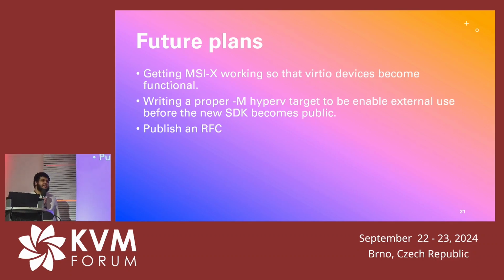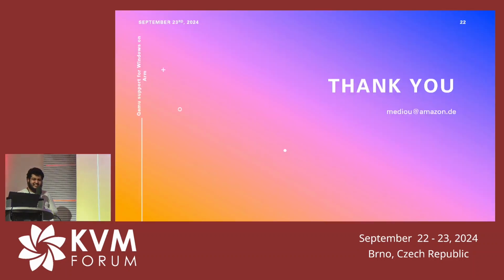And perhaps writing an mHyper-V target, which is almost the same as mvirt, but with a GIC in a different address range, so that users can start testing this today and publish an RFC at some point. So that's it, and I think I went way too fast. Any questions?